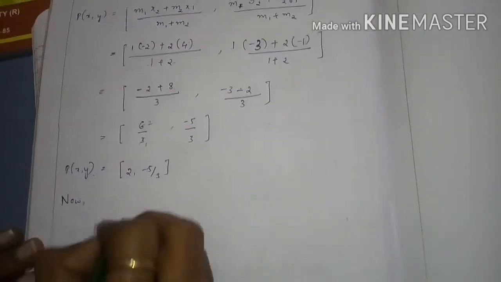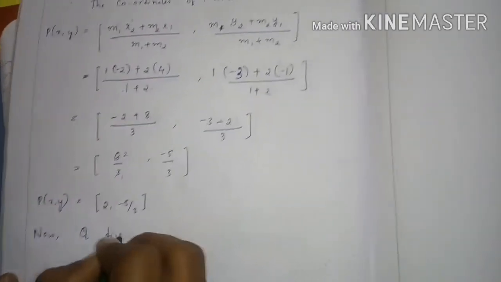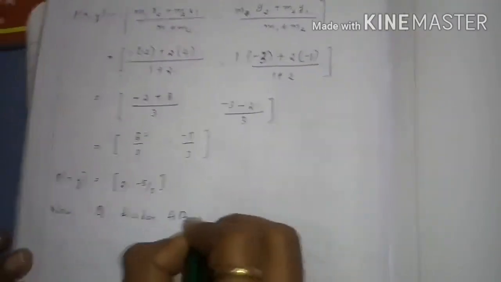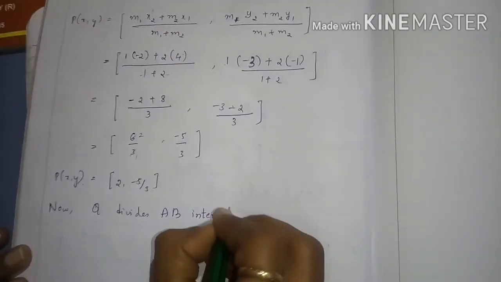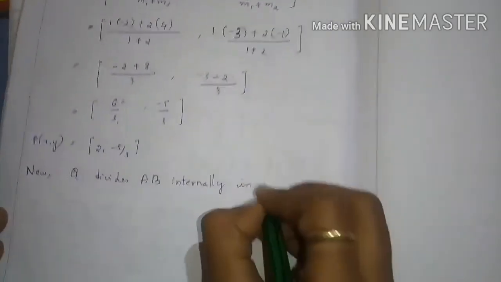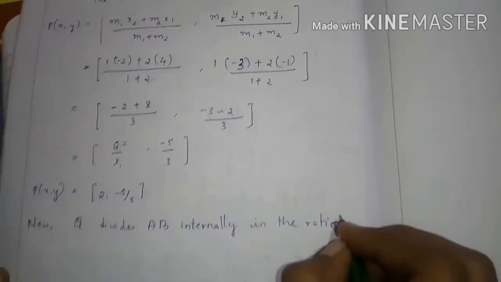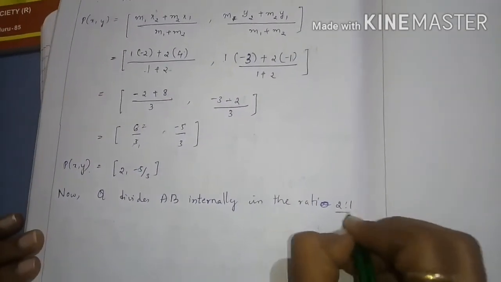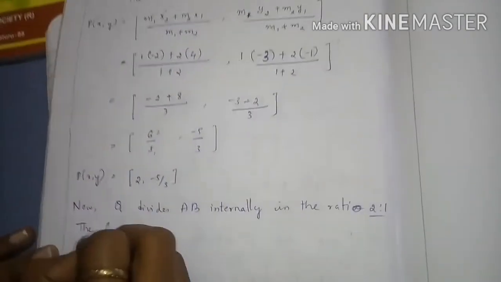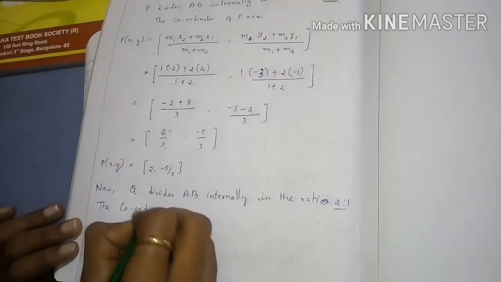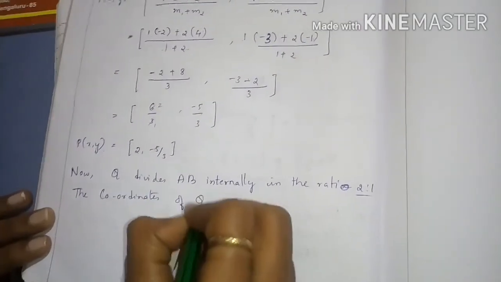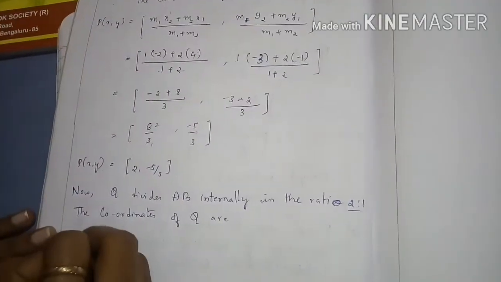Now Q divides AB internally in the ratio 2:1. This I will explain. The coordinates of Q are, that is Q of x comma y.